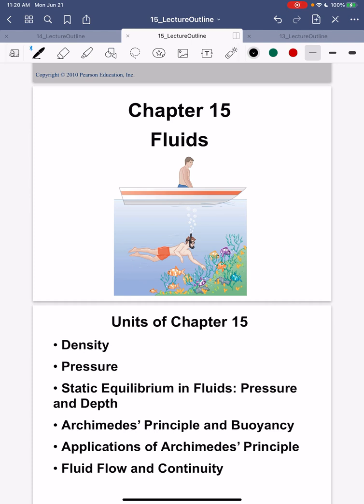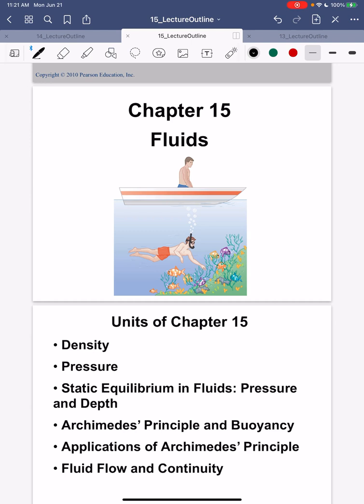The first one is density. The second one is pressure. We will talk about the relation between pressure and depth. There is a very important principle that has applications everywhere, like Archimedes principle, and we are going to talk about buoyancy.